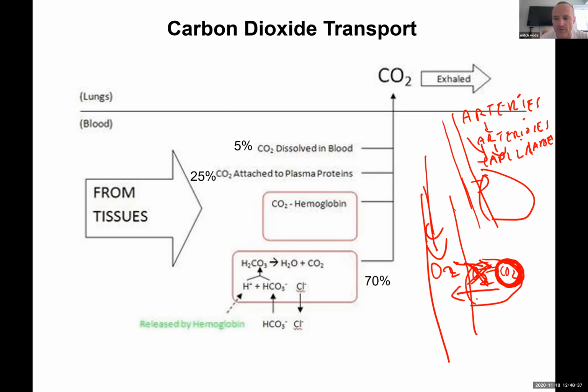Now remember, oxygen travels bound to the hemoglobin, attached to the heme groups. This protein hemoglobin, while it passes through here, will start changing its structure, its conformation.